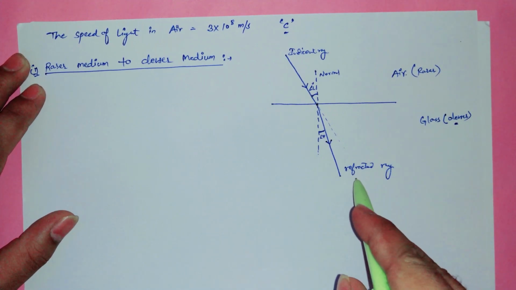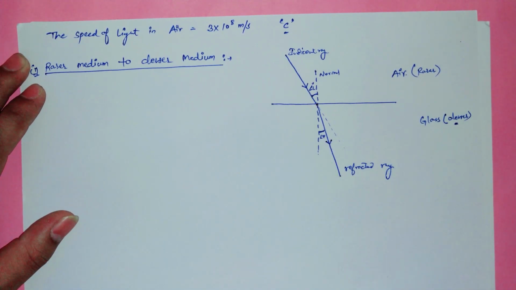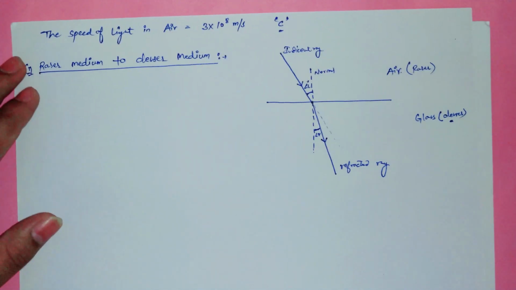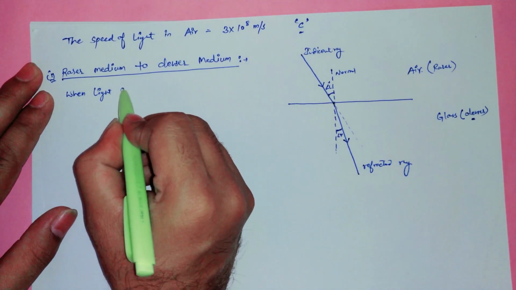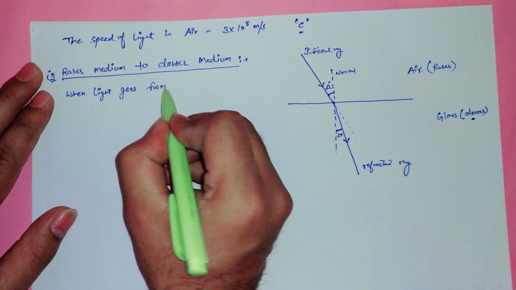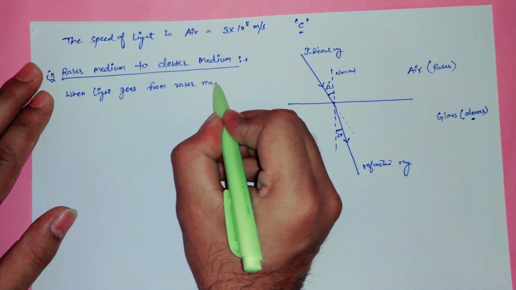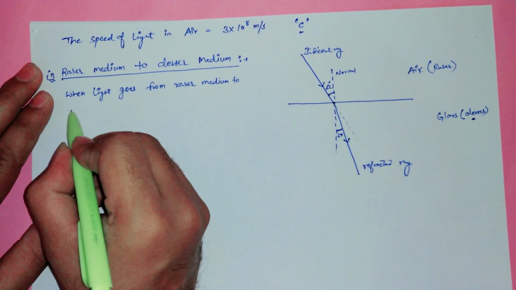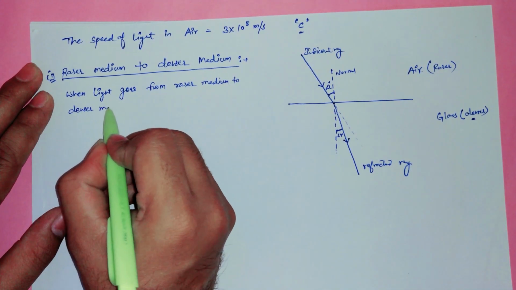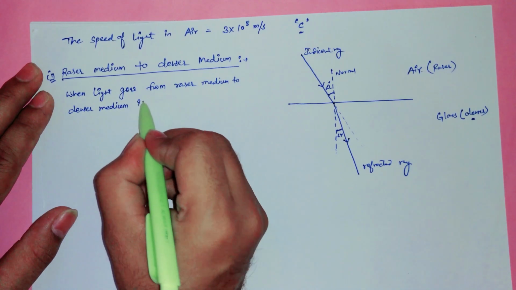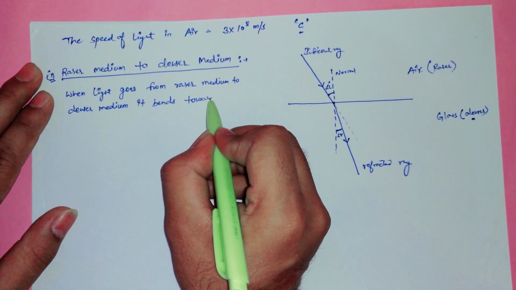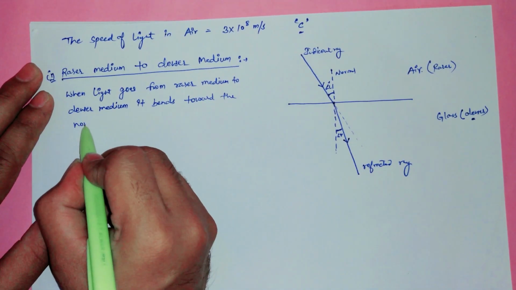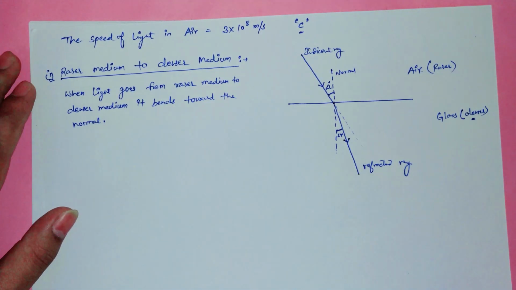So we know that when light goes from rarer medium to denser medium, it bends towards the normal.